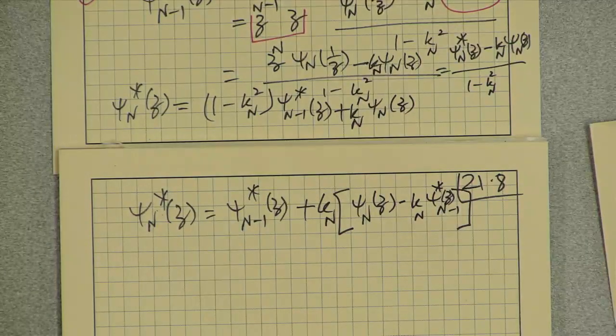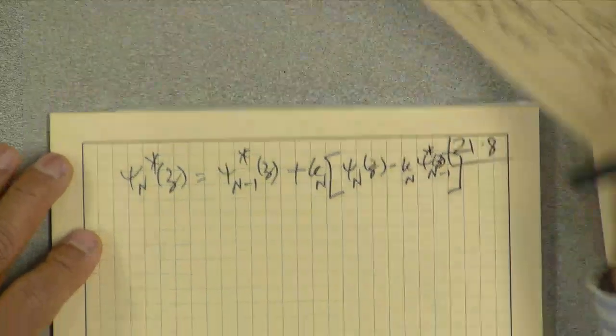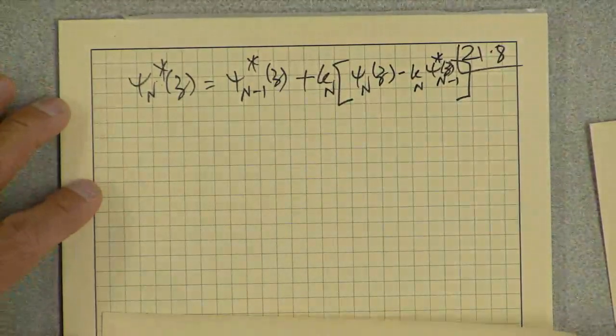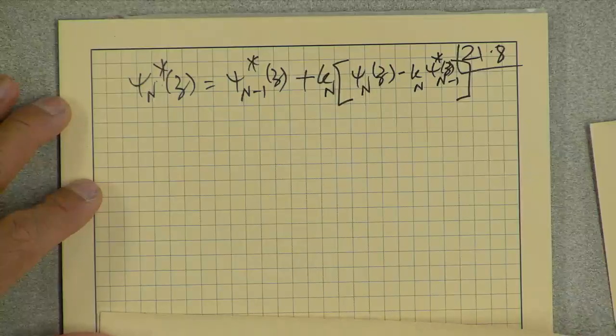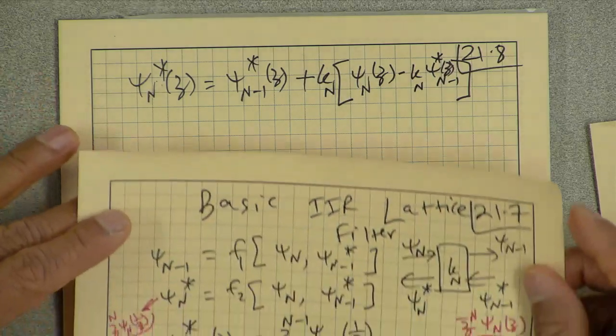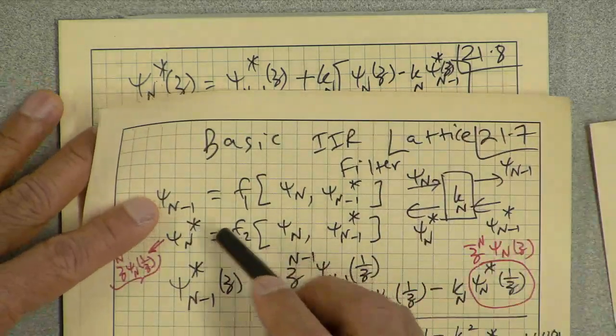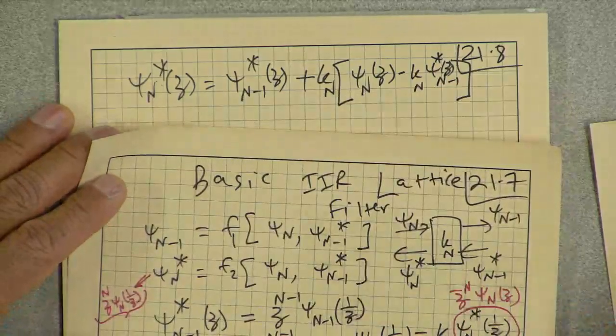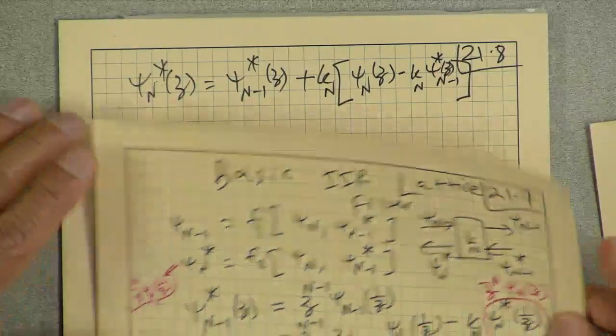Okay, so this is definitely good. We have made some progress, but it's not really complete progress, because what I am looking for is an equation that expresses psi n star as a function of psi n and psi n minus 1 star.